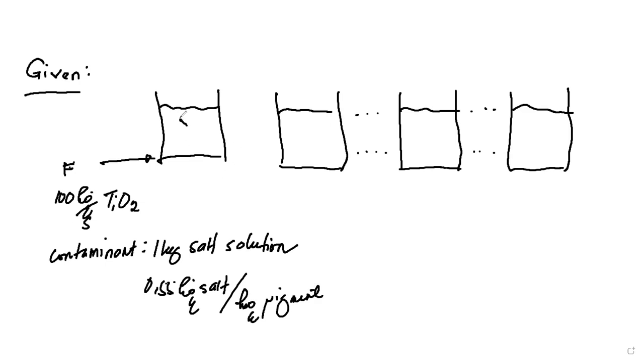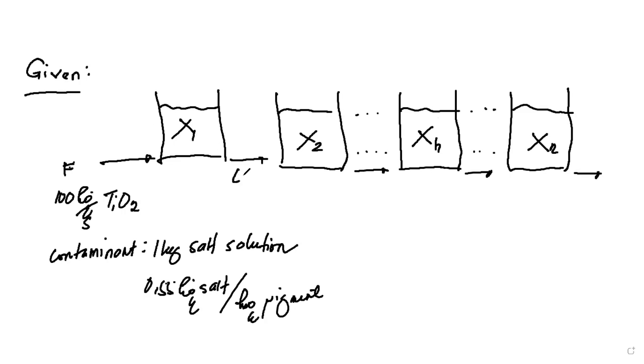If this is our first thickener, so this must be x sub 1, this must be x sub 2. If this is our H thickener, this would be our x sub H, and this is our last thickener N. This would be the x sub N. So in here we will have solute and solution in the underflow.